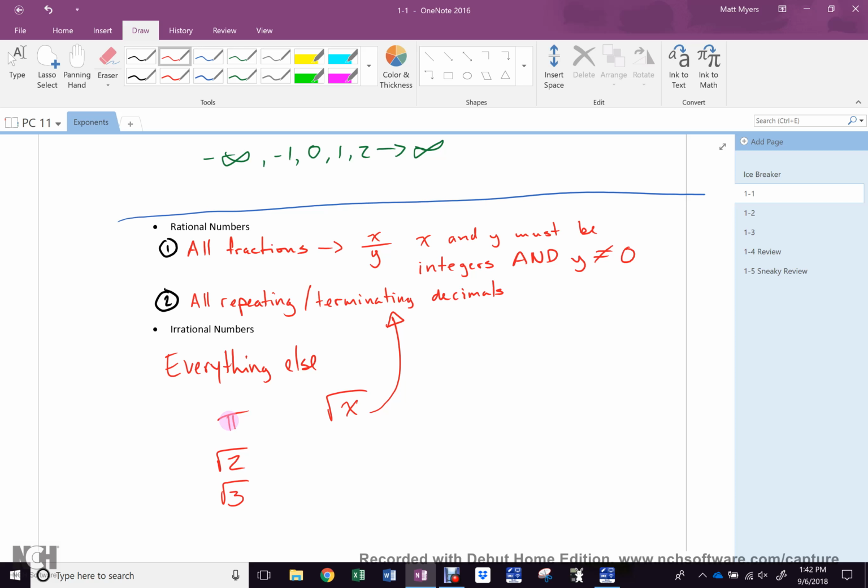Okay? Now, sometimes it gets a little weird. For example, the square root of 2.25. That looks irrational, but it is not, because that is the square root of 225 over 100, which is 15 over 10, which is 3 halves.